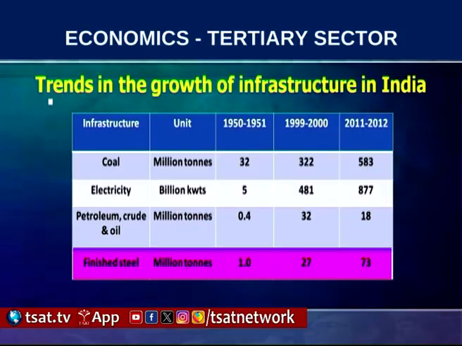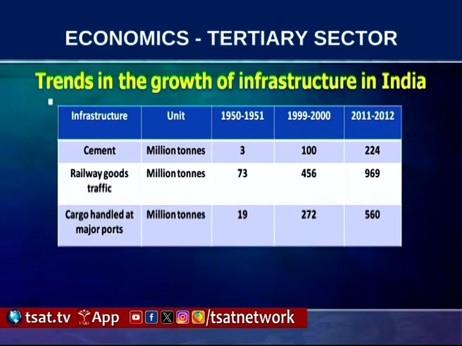And finished steel: 1 million ton was available during 1950-51, now it has increased to 73 million tons. And cement, during 1950-51, 3 million tons, increased to 224 million tons. Railway goods traffic increased from 73 million tons to 969 million tons.